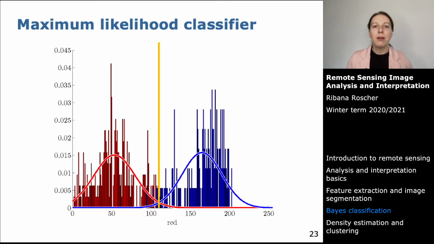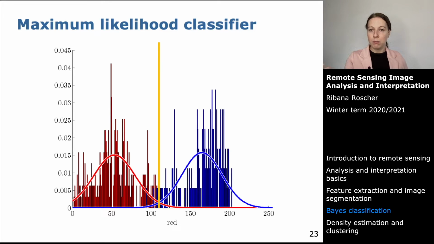So let's go back to our likelihood function, and based on this we can already define a classifier, and this classifier is called maximum likelihood classifier. So for this you only need your likelihood functions, and as the name says, for a specific value, for example a specific feature, the red value in this case, you look which one of the likelihood functions gives you a larger value.